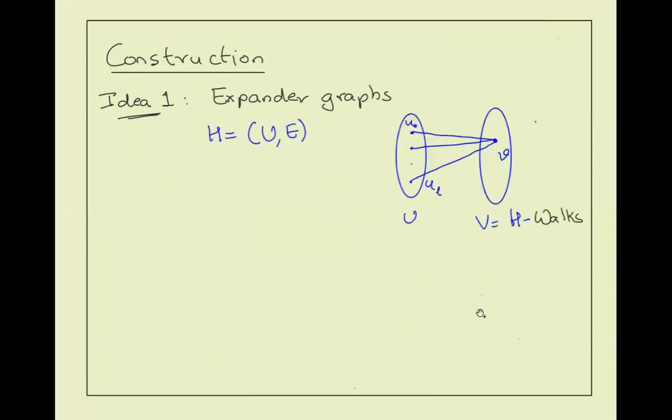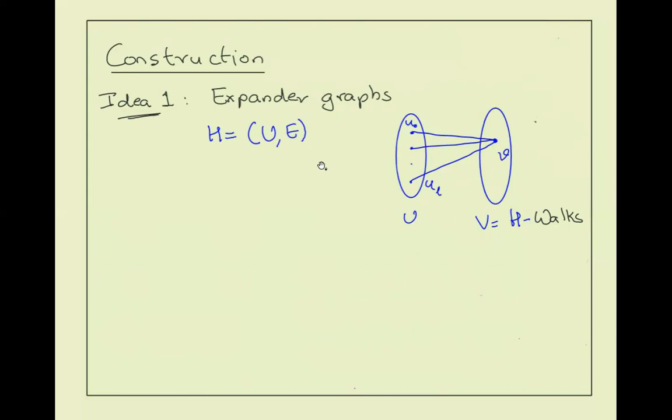So it's known that if you start with an expander graph and you look at walks in this expander graph, you can use this to define a bipartite graph. Here, the vertices on the left are the vertices of the expander graph, and each vertex on the right represents a walk in the expander graph of some length, and this vertex is connected to the vertices that appear in the walk.